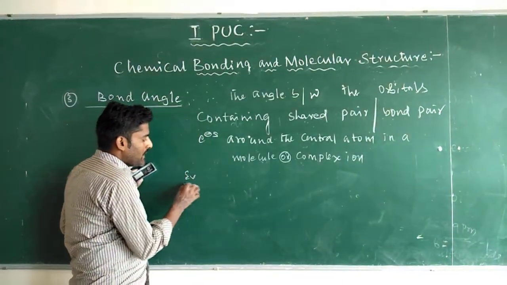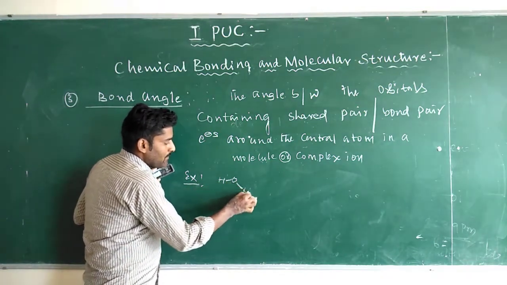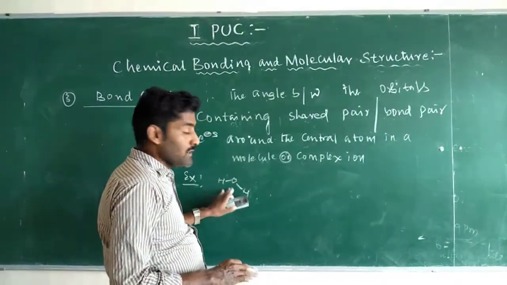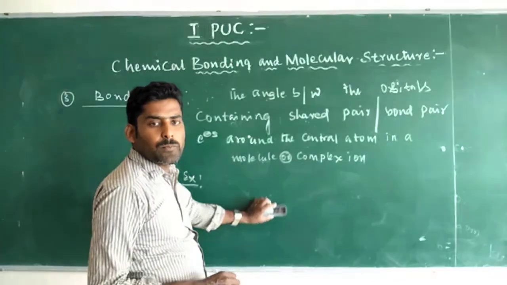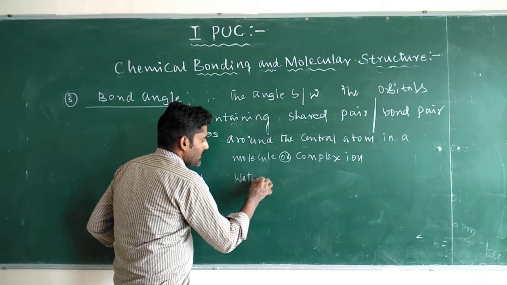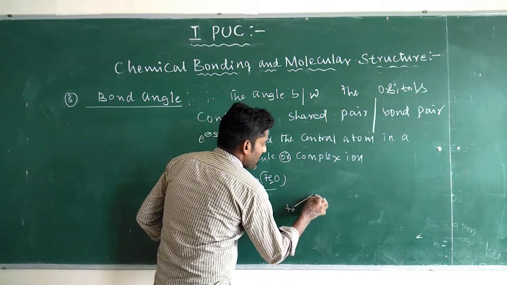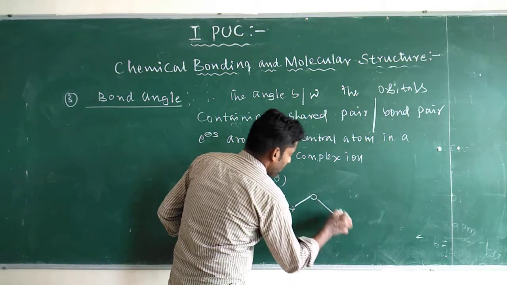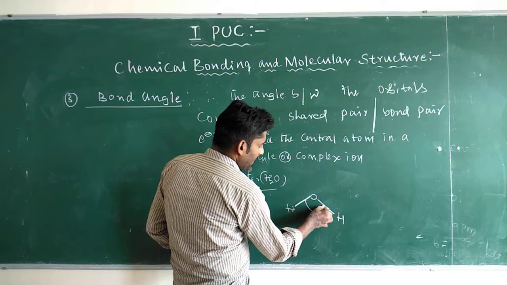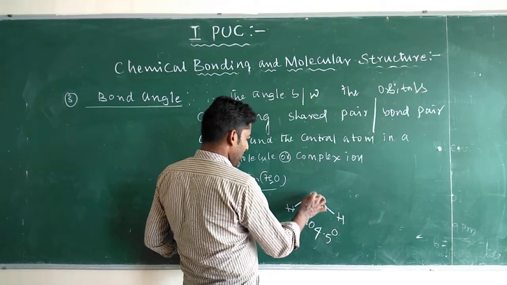Example, the bond angle of HOH in the water molecule is 104.5 degree. If you take water, H2O has a bent shape, an inverted bent shape. The HOH bond angle in water is 104.5 degree.